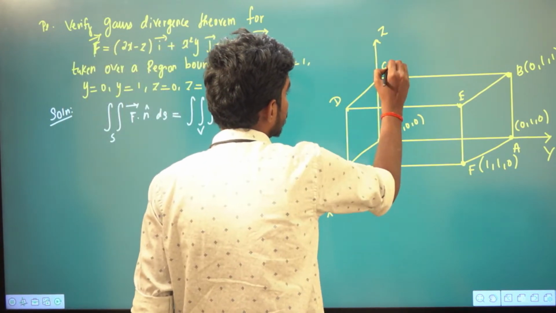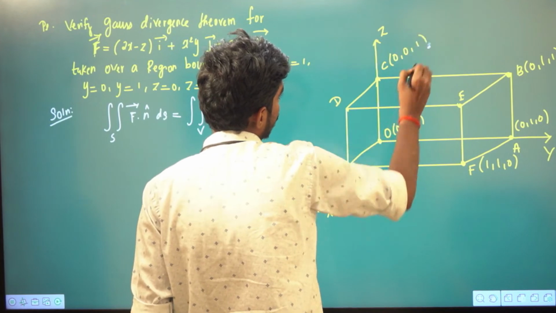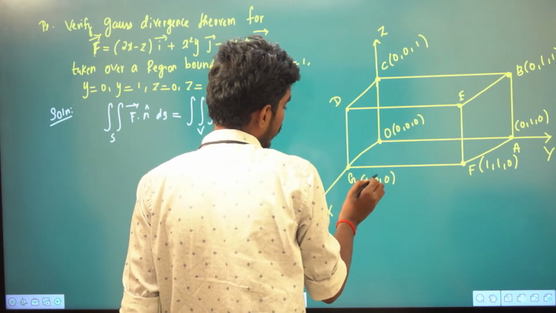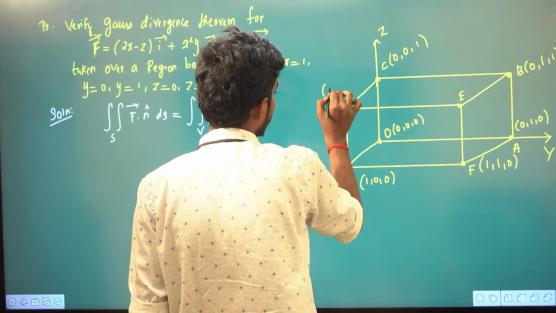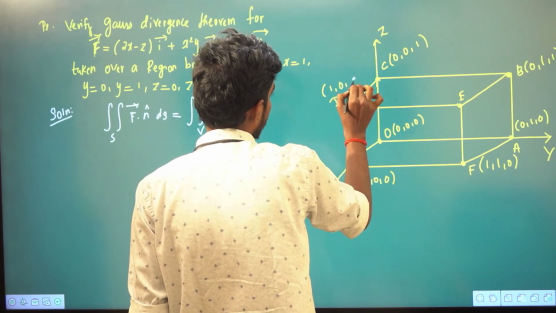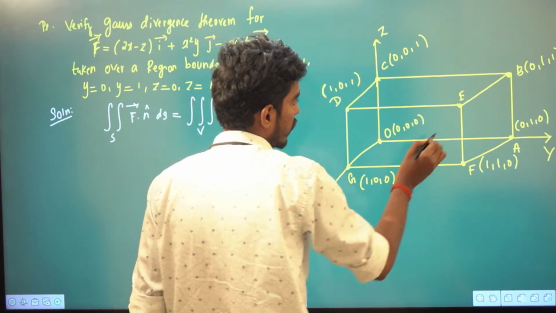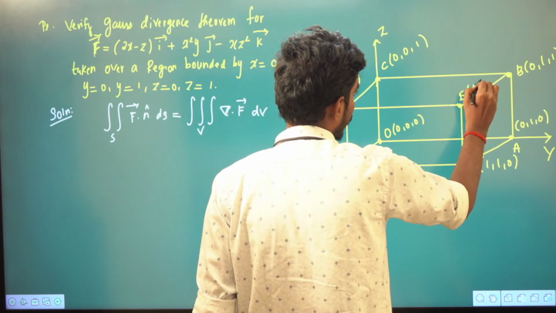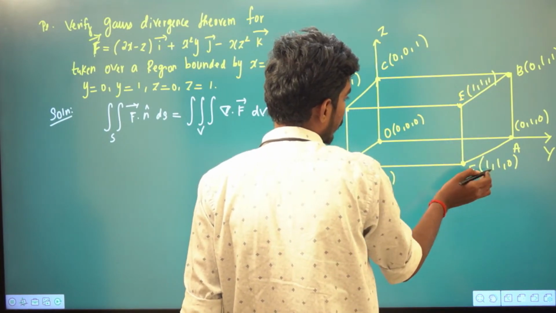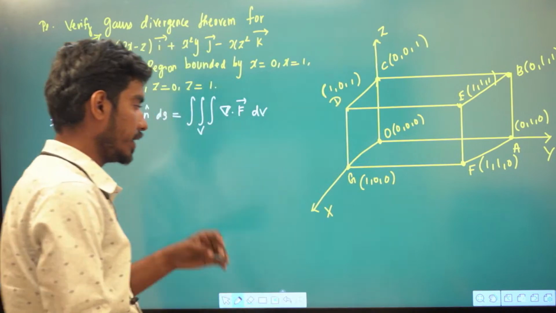From 0, 0, 0 we are moving 1 unit in z. D will be from 1, 0, 0 moving 1 unit up, so it will be 1, 0, 1, and E will be 1, 1, 1.